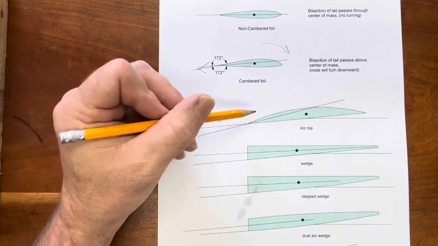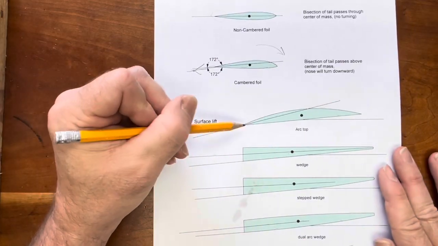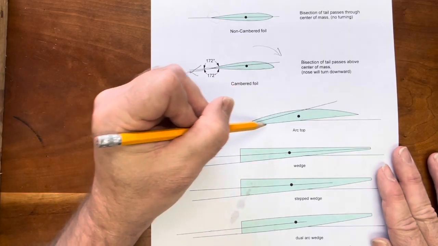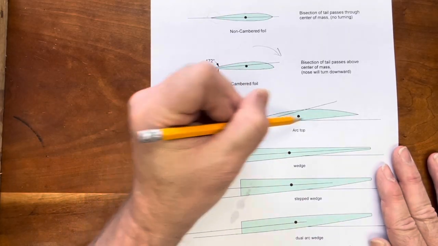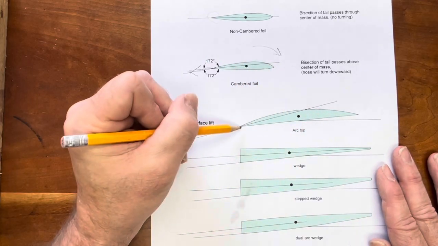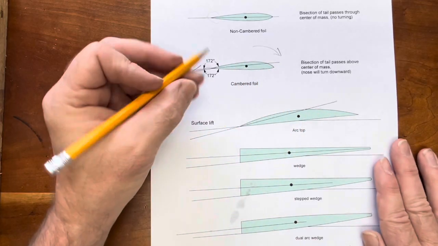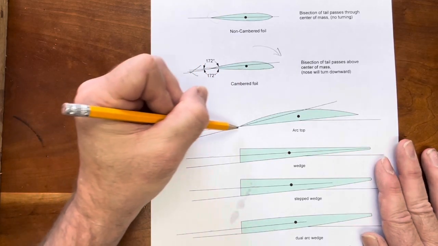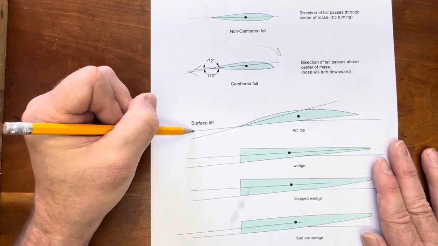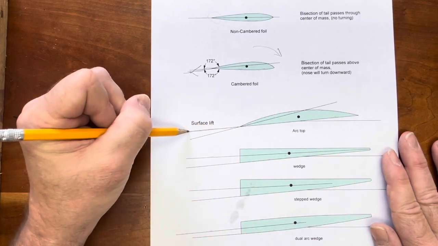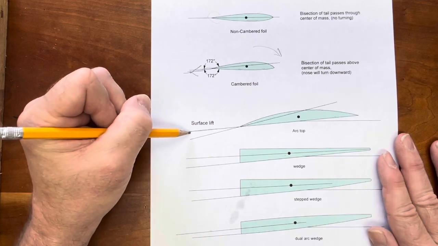Okay, so now I've been experimenting with hydroplaning foils, and I started out with basically this shape, which is flat on the bottom but inclined, and it has an arc on the top. When it's on the surface, the water deflects at this angle. This is the direction of the water. It's 4 degrees downward.